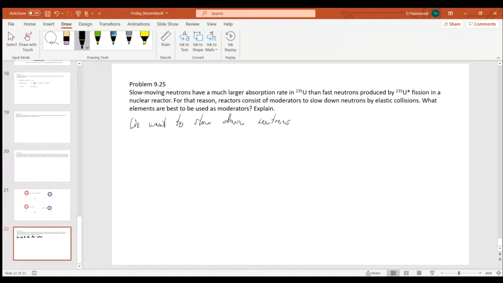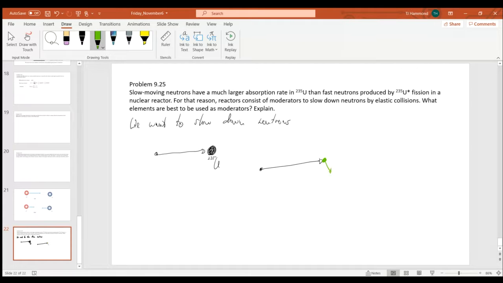So we have U-235, that thing's big, and we have some neutron coming in here, but when it's really fast, this doesn't really get absorbed, and so we don't really have further fission. So what we want instead is this neutron coming in really quickly, and then it hits some unknown object.